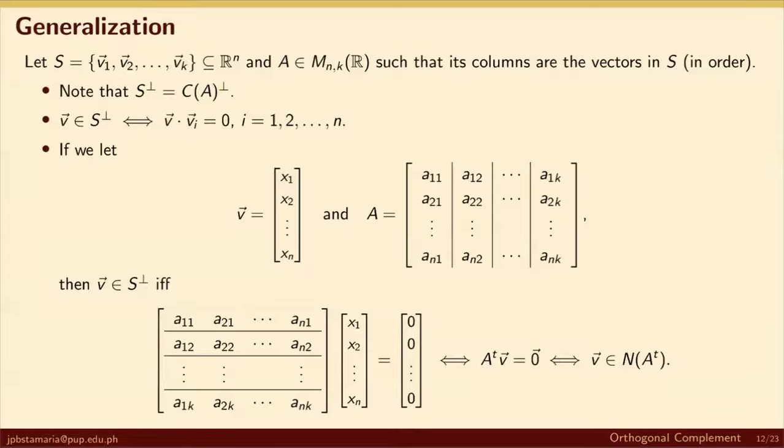Okay, to explain why the left null space is called the left null space, remember that a vector y is in the left null space of A if and only if A transpose times y is the zero vector, right?